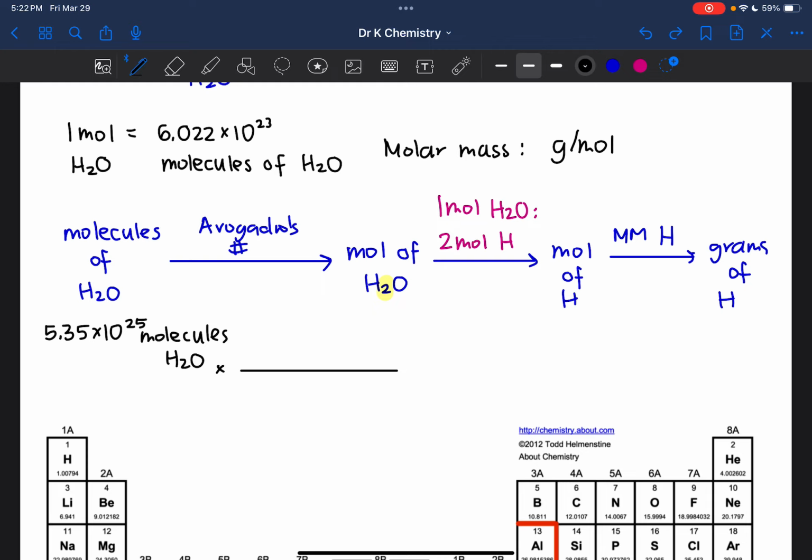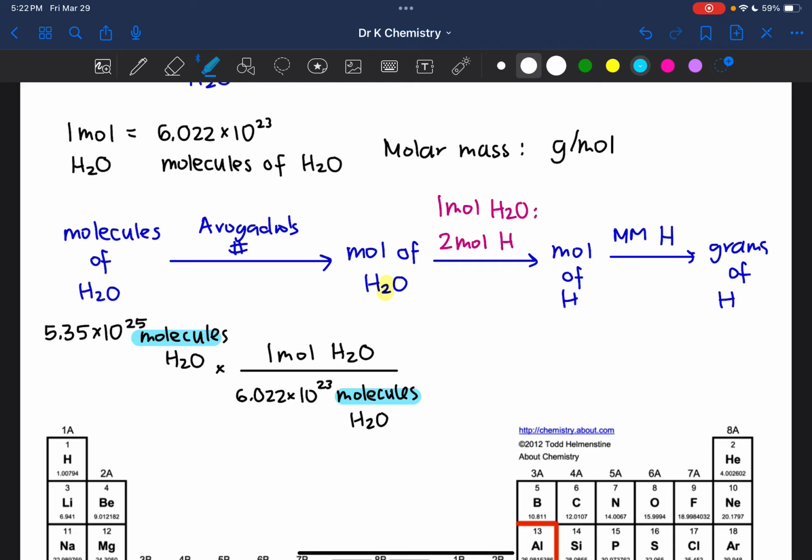And I need to cancel out the molecules, which means I need molecules to be in the denominator. And we know that there are 6.022 times 10 to the 23 molecules of water in 1 mole of water. And now our molecules of water cancel out, and we have moles of water.